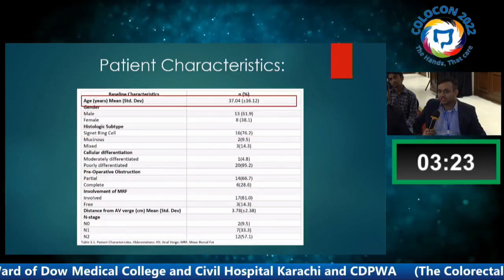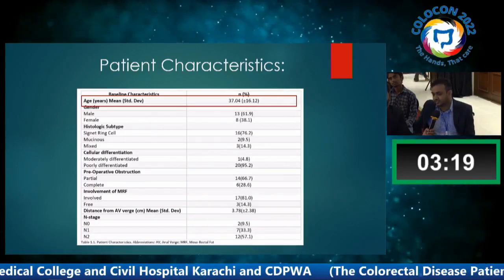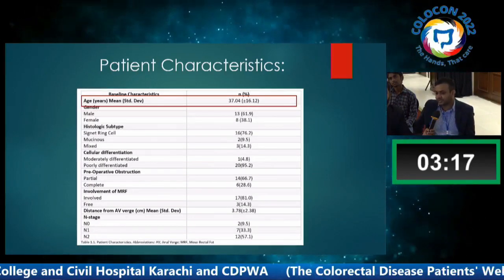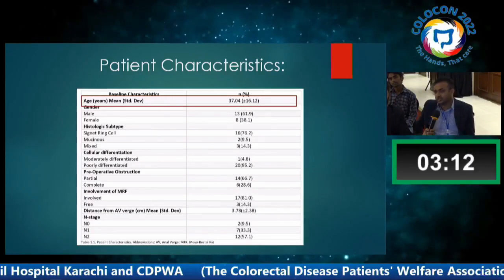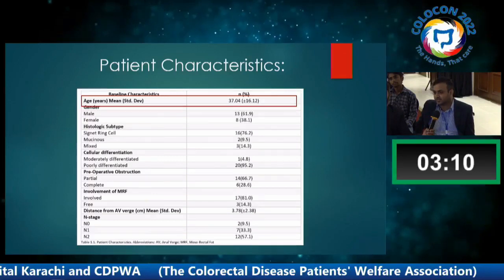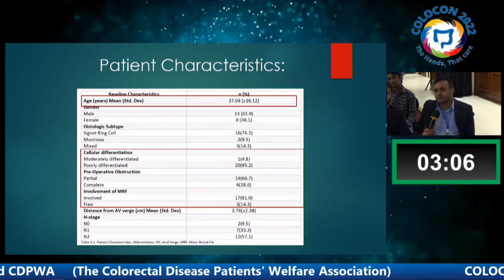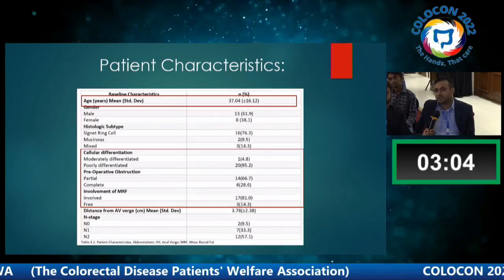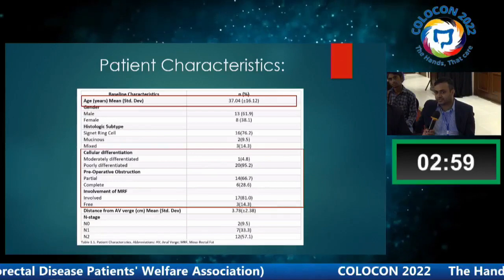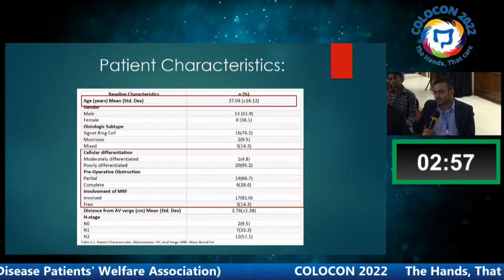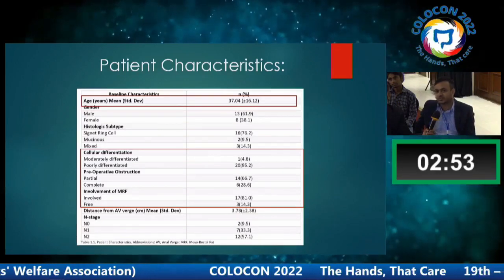The mean age in our study was 37 years, which is quite young compared to international research data that shows a mean age of 57 to 60 years. 13 patients were male and 88% were female. In histological subtype, 16 patients had signet ring cell, 2 patients had mucinous, and 3 patients had both components of signet ring and mucinous.